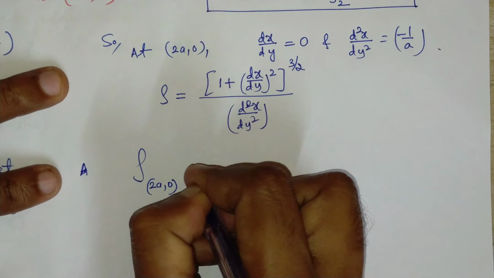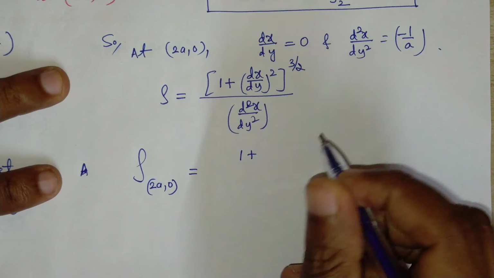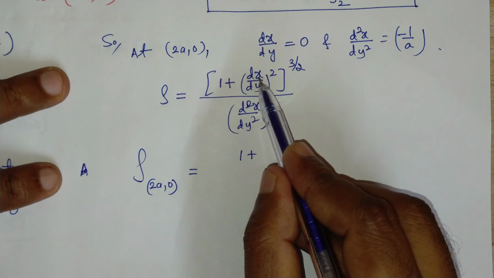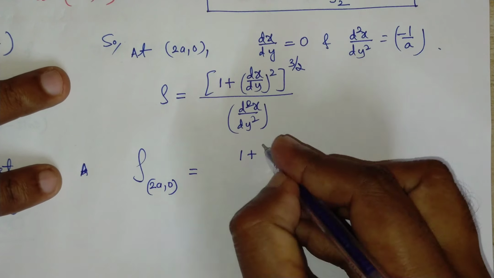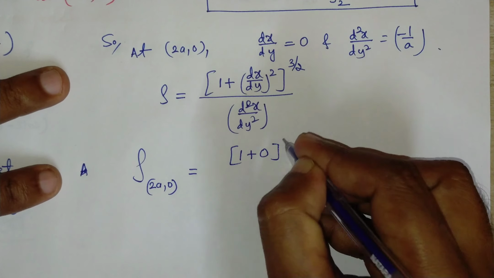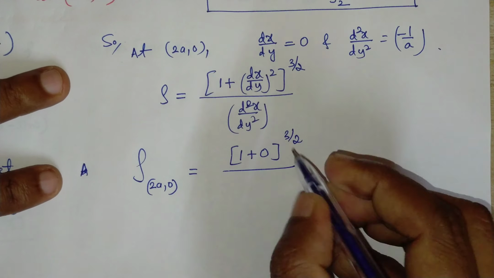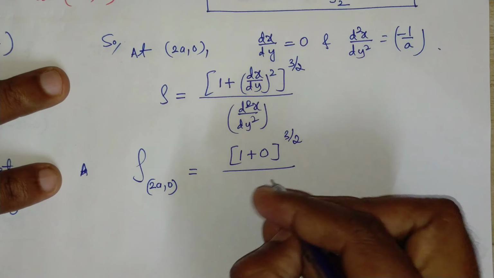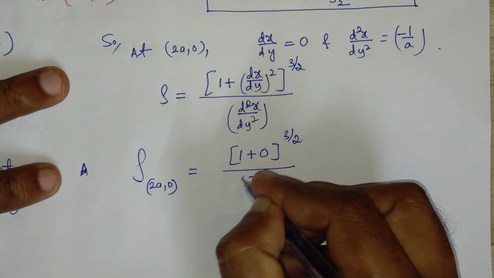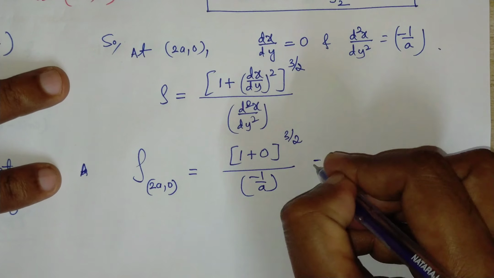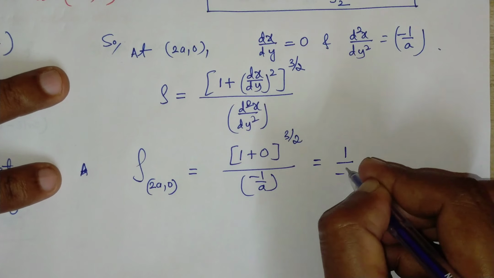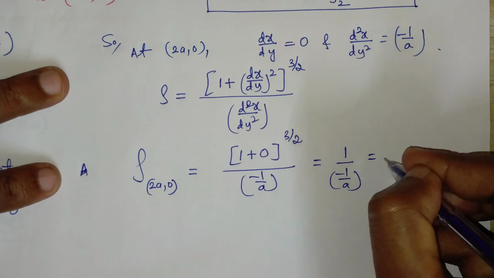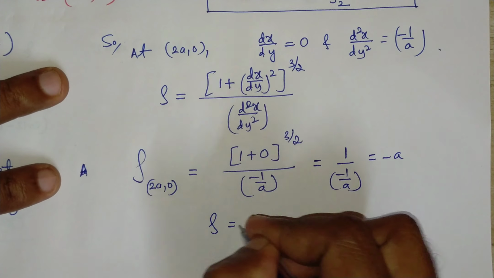So it is 1 plus, we know the value of dx by dy at 2a comma 0. What is that? It is 0. 0 square is 0, whole power 3 by 2, divided by the value of d square x by dy square at 2a comma 0, which is minus 1 by a. So 1 power 3 by 2 is 1. So 1 by minus 1 by a, we can say that it is minus a. Therefore the radius of curvature is minus a.